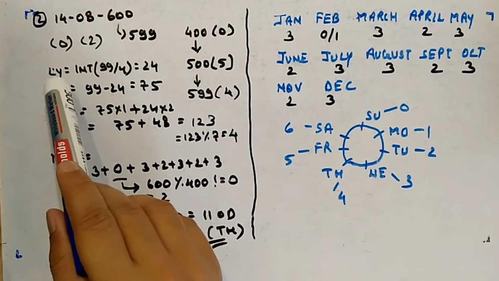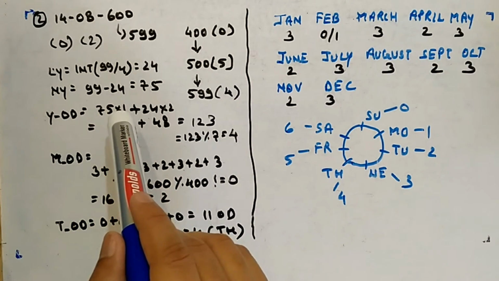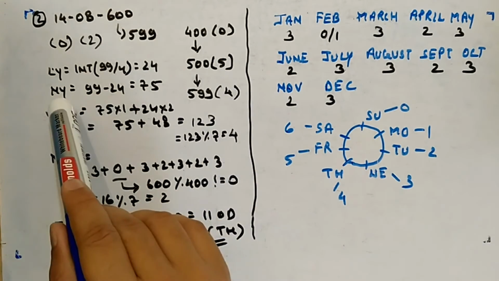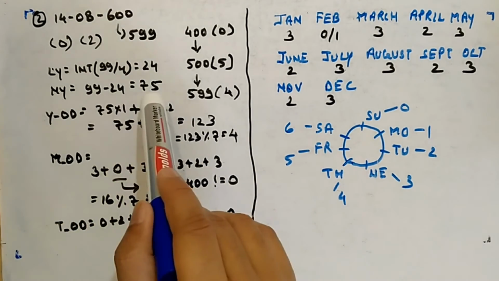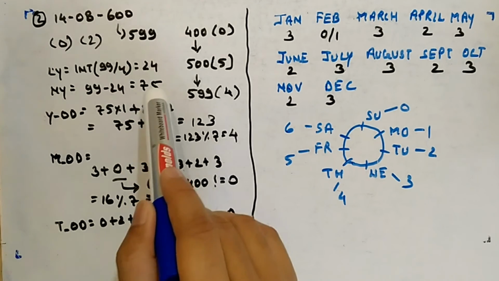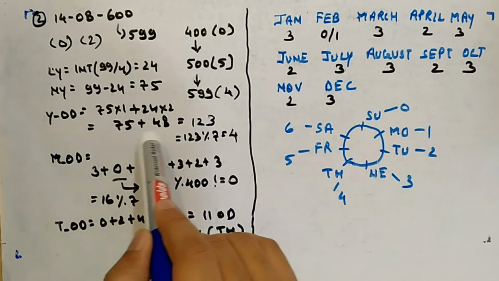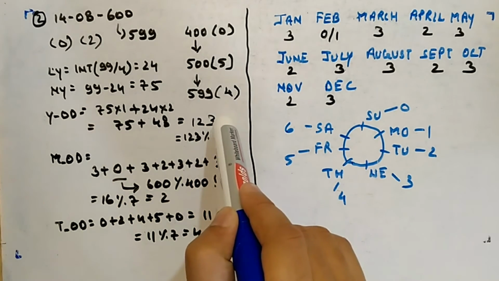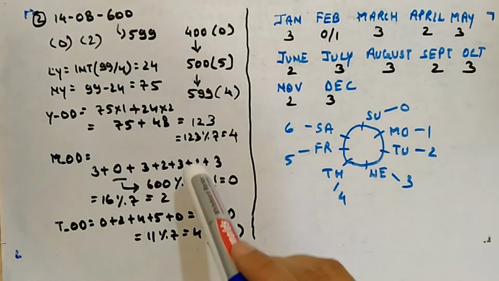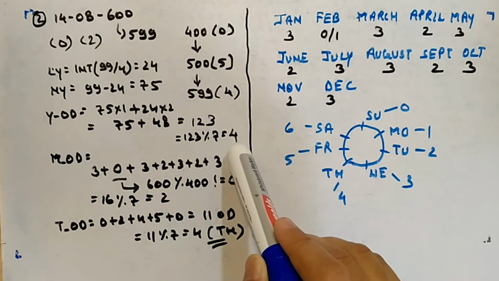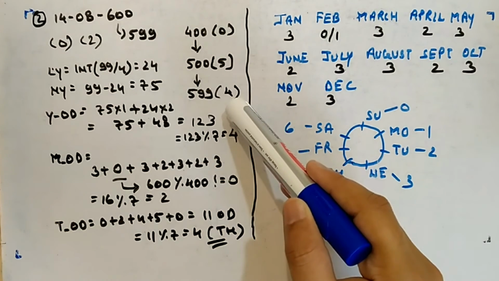You can see that leap years will be the integer part of 99 divided by 4, so 24 will come, and normal years will be 99 minus 24, that will be 75. So 75 into 1 plus 24 into 2, that will give 75 plus 48, which is 123. That is the year odd days. Now you take the modulo with 7, you will have 4 odd days. So that's how 4 is coming.